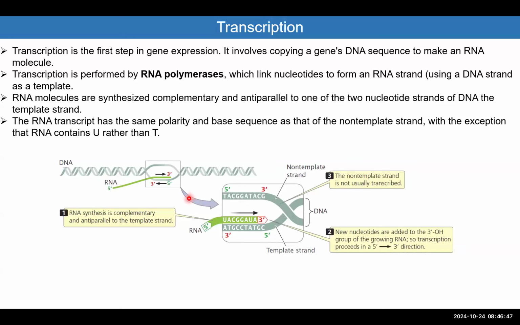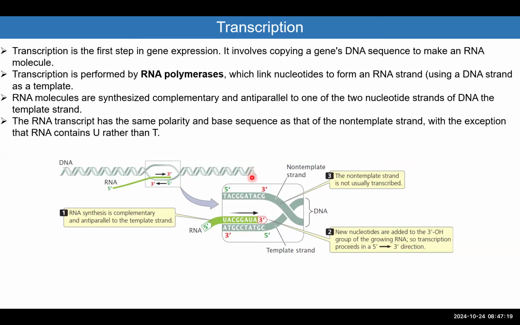Now, this process is done by RNA polymerases, and the RNA polymerases read one template strand of the DNA. So if you look at this one, this is, for example, the gene, and you are transcribing that gene by reading and adding.